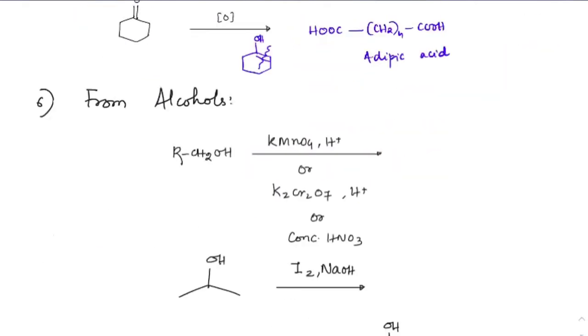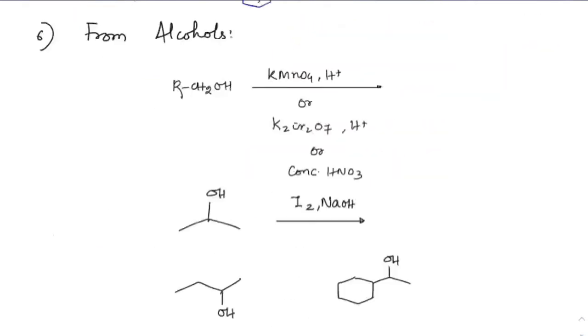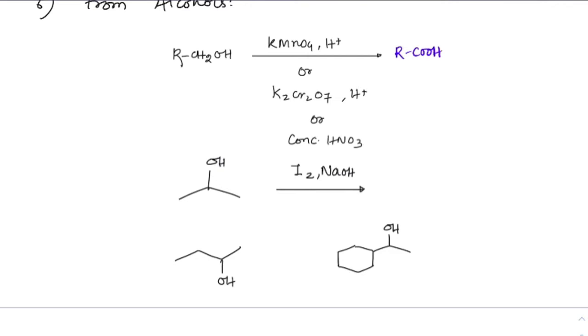Now let us see how we can get acids from alcohols. Primary alcohols in the presence of KMnO4/H+ or K2Cr2O7/H+ or conc HNO3, in all of these cases, will convert into RCOOH acids. Now, if we have the iodoform test, it will just recognize the methyl group.